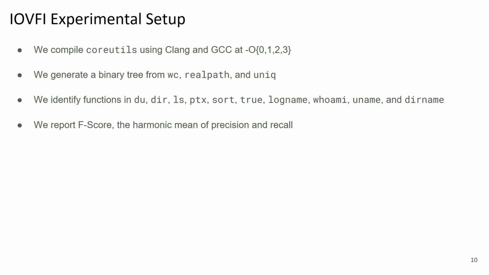And then we present our results as an F-score, which is the harmonic mean of precision and recall. The reason why we chose F-score is because when we want to reverse engineer a binary, we want to have both high precision and high recall, and we don't want to sacrifice one for the other.